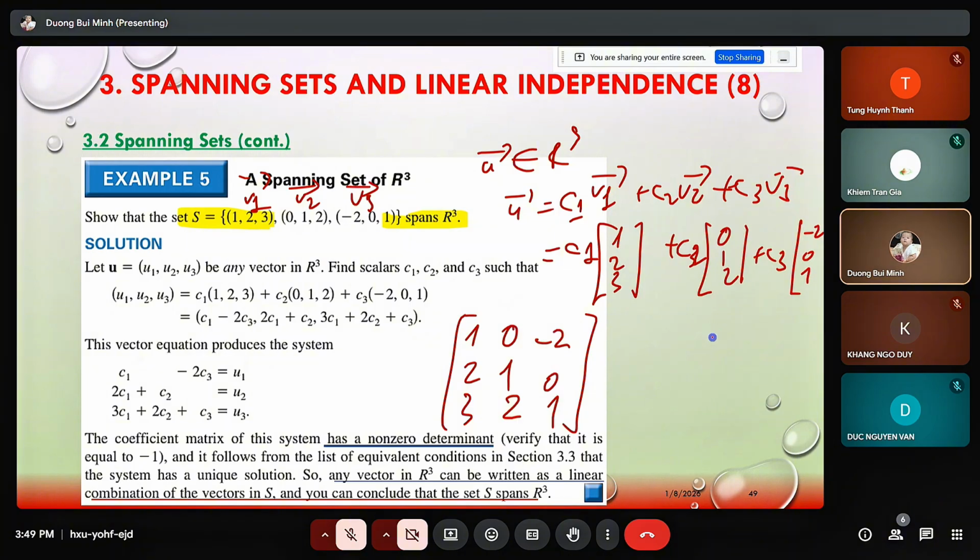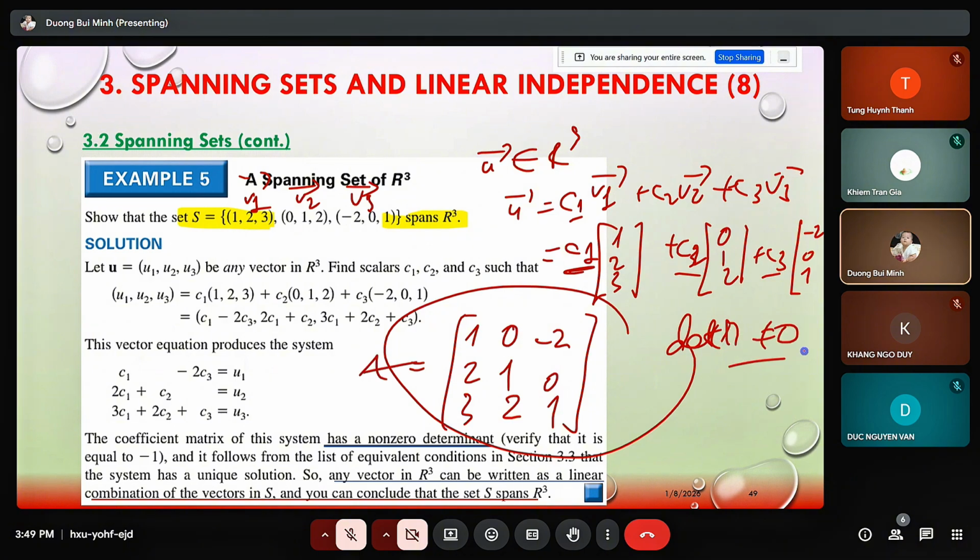So we can find C1, C2, and C3 if the determinant is different from 0, right? We studied determinant in lecture 2. If the determinant is 0, that means no solution.